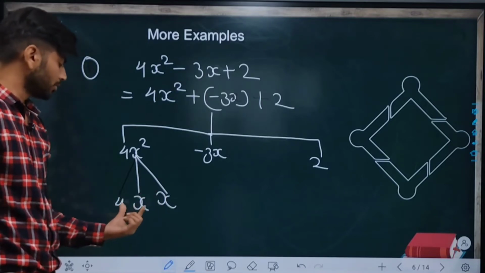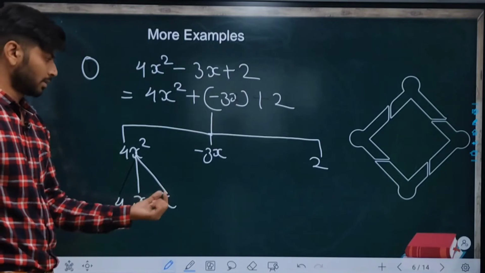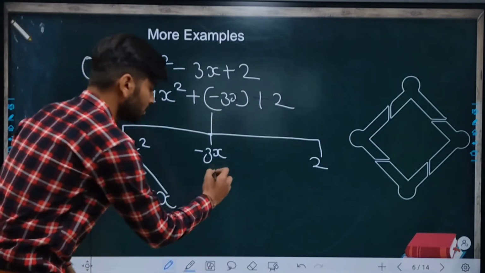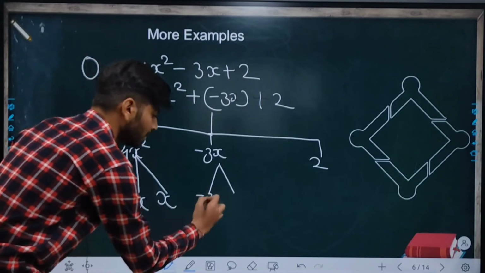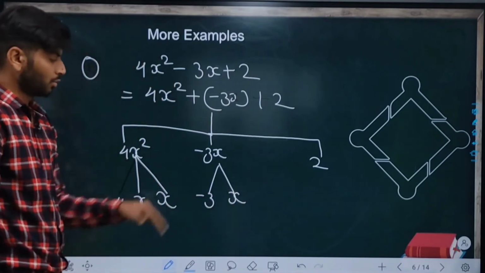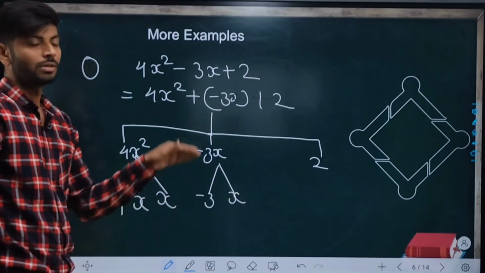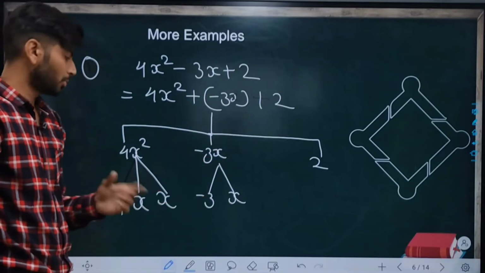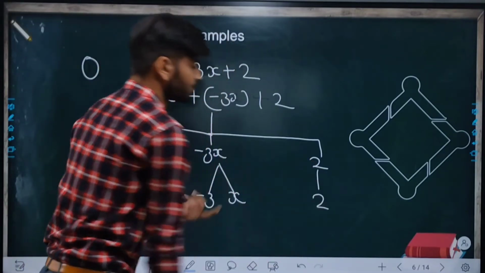What will be the factors of the 4x square? 4, x and x. Now in minus 3x, the 2 factors are minus 3 and x. You can write minus 3 and x, not minus 1, 3 and x. Okay, remember that. And 2 is already a factor.